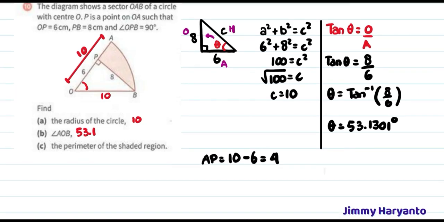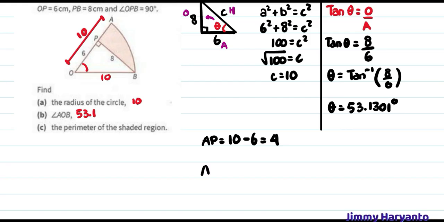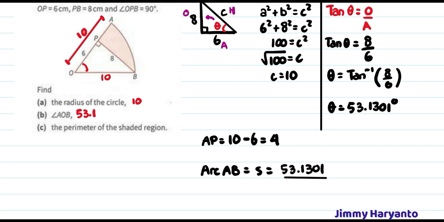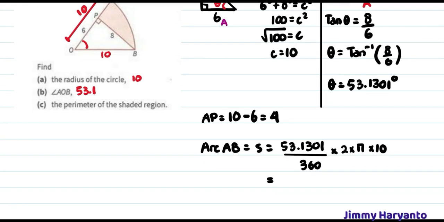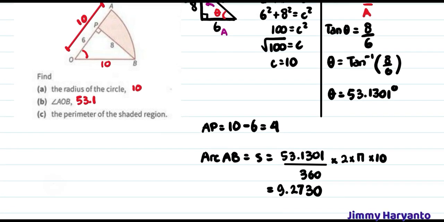And then next is to find the arc of AB. The arc of AB, S, equals theta, where theta itself is 53.1301 over 360. This is the formula, times 2 times pi times the radius, which is 10. And then use your calculator. You'll have 9.2730 for the arc length of AB.